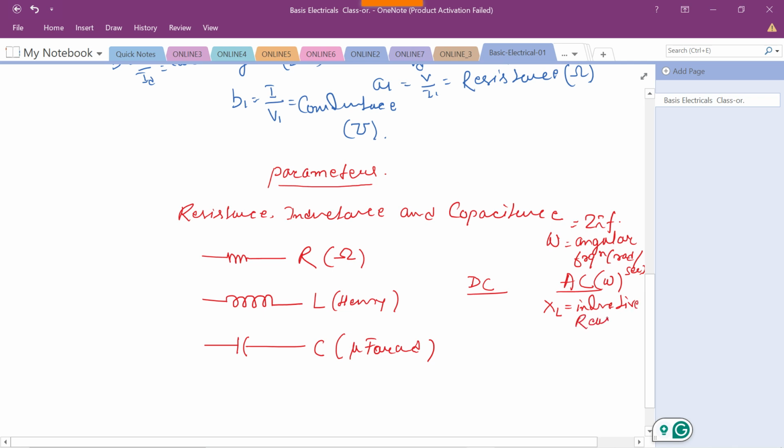The unit is ohm and the value is omega L. In DC, omega is equal to 0 because f equals 0, then XL equals 0. That means in DC, the inductor behaves like a short circuit.